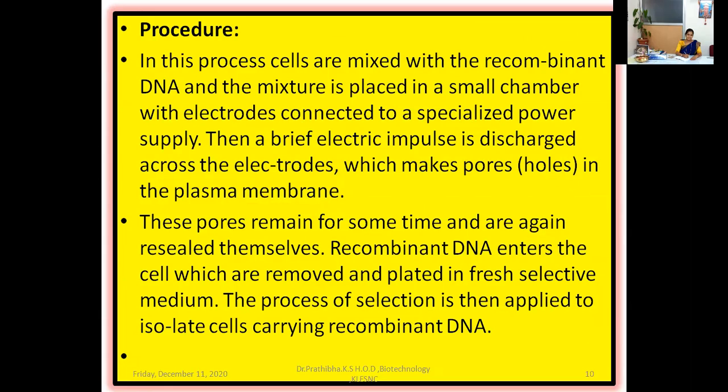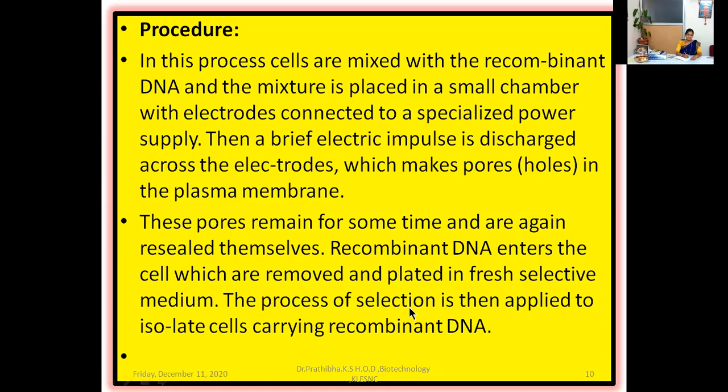When you apply the electric field, you create pores within the plasma membrane. These pores remain for some time and then reseal themselves. Recombinant DNA enters the cell during that fraction of a second while the transient pores are formed. Later the cells are removed and plated in fresh selective medium for further selection.